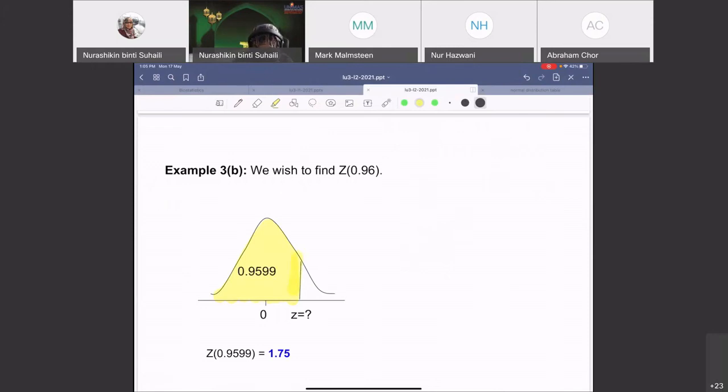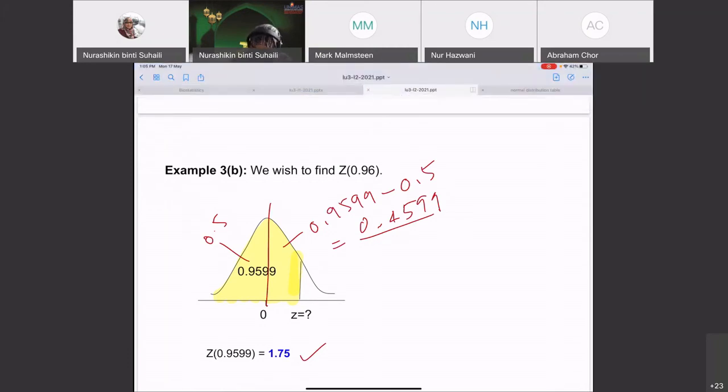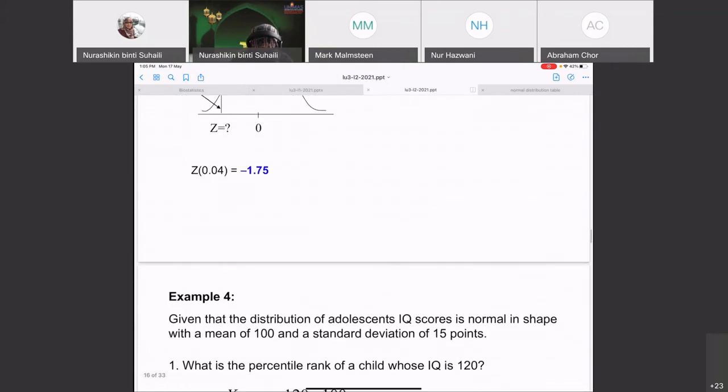So we divide it into this is 0.5 and this is 0.9599 minus 0.5 equal to 0.4599. Okay, so find from the table what's the Z value. It should be 1.75. Okay, so the rest I leave it to you, some of the exercises here.